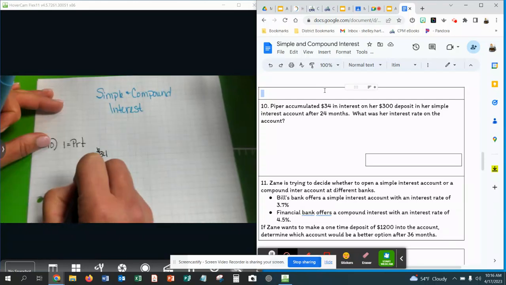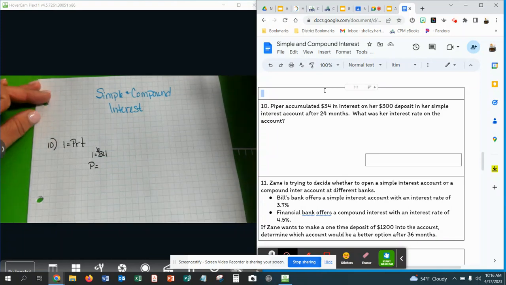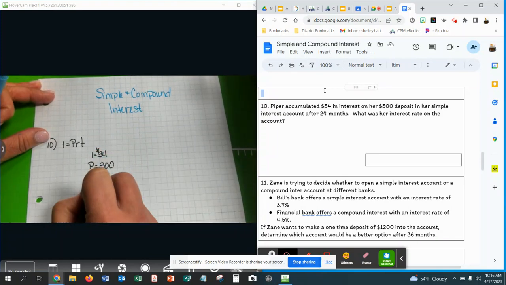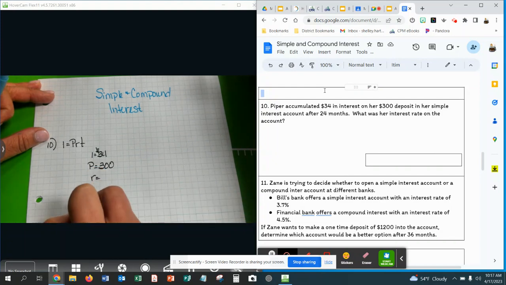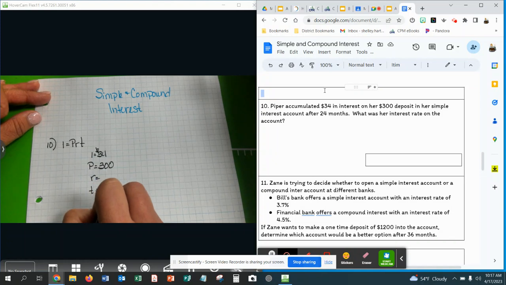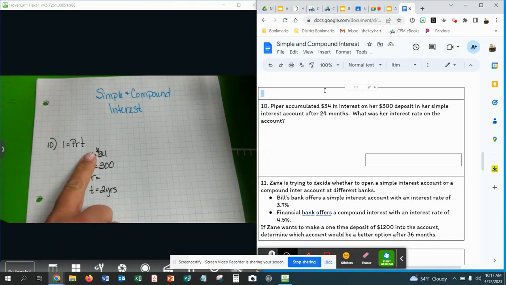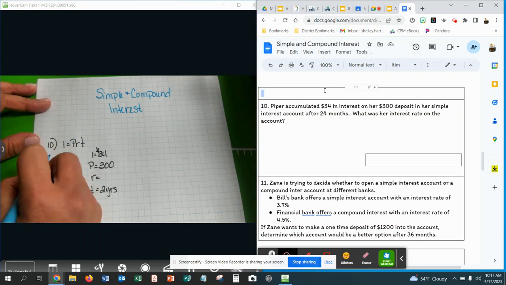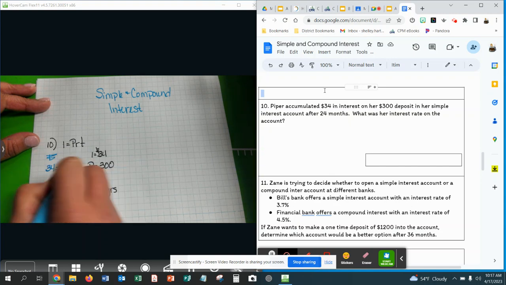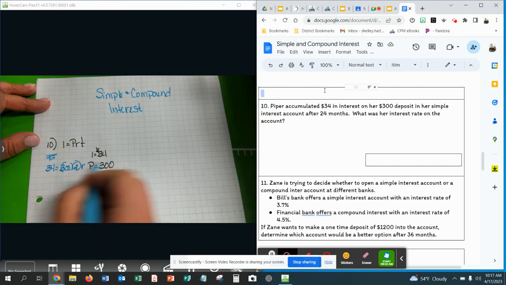We have our principal, which is $300. We don't have a rate, but we do have the time, and the time is 24 months or 2 years. Great. So let's plug in our numbers, and we are going to have to solve for the R. So we have $34 in interest equals 300 times 2 years, but we are looking for the rate.